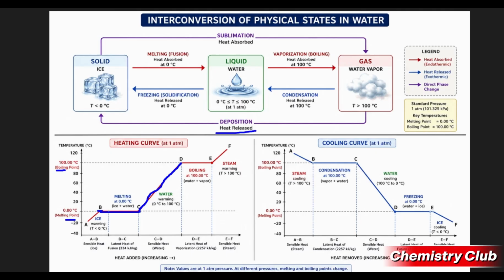And at this temperature it will start converting into vapors, and there will be no change in temperature until we reach the point E. And after that the heat provided is being saved in the vapors in the form of latent heat of vaporization. So that is the heating curve.